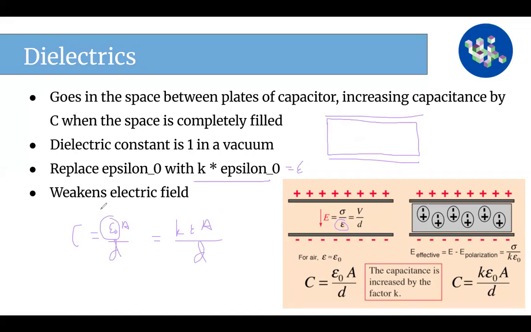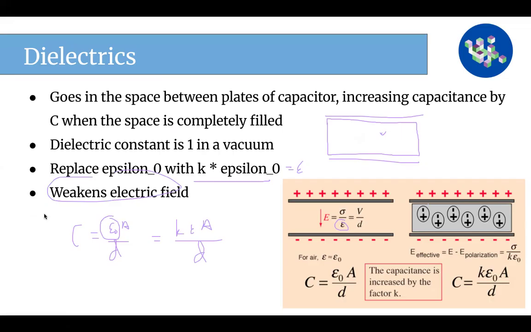Dielectrics are used a lot to increase capacitance. Instead of having just vacuum between the two parallel plates, I have an insulator in there, and it weakens the electric field inside.